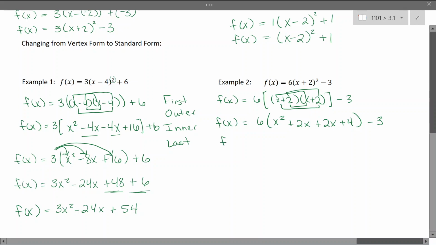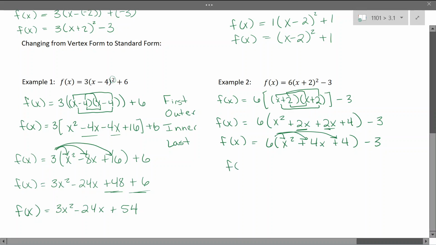Now let's clean it up a little bit by combining our like terms. So we get 6 times x squared plus 4x plus 4 minus 3. Now let's distribute to each of our terms.